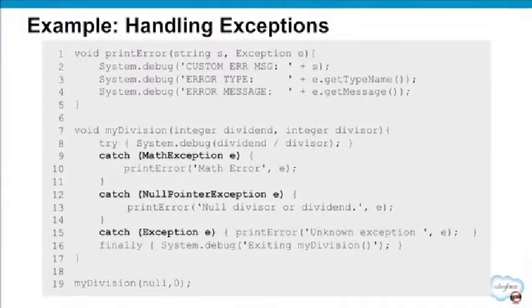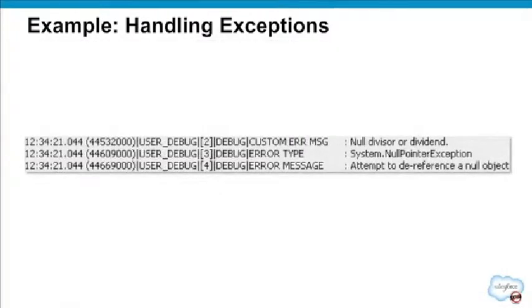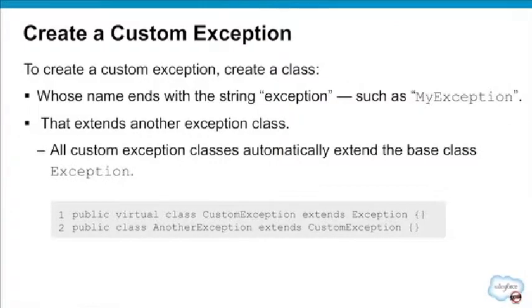Here is some exception handling code. We're doing our risky operation in our try block, and the execution will fall into the first catch block that's properly scoped and that applies. You can create a custom exception.